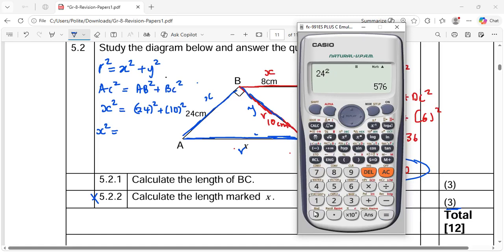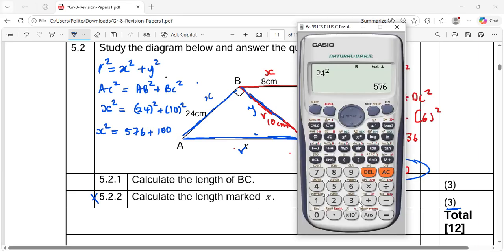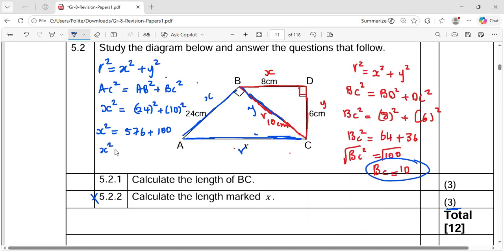This gives us 576. We're going to add this with 10 squared, that's 100. So this plus 100. What is the answer? 676. So X squared is equal to 676.